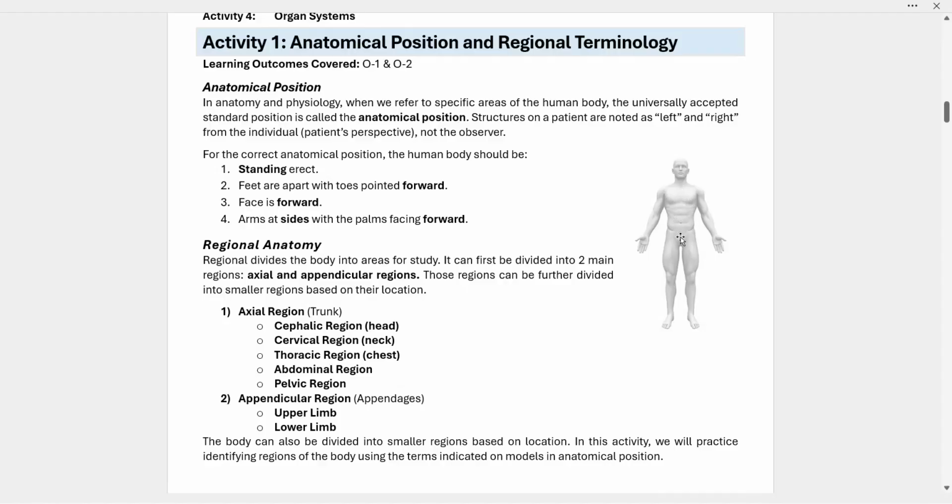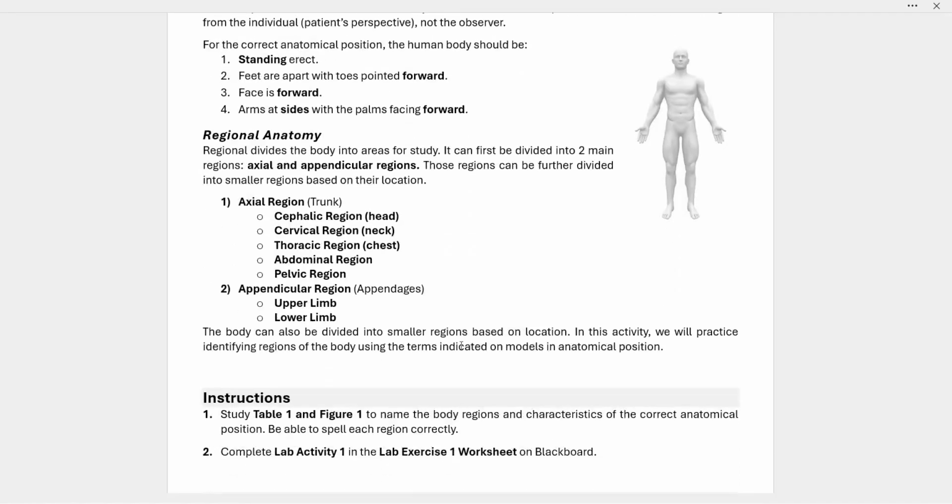The appendicular region is the arms and the legs. Okay, so the appendages. The body can also be divided into smaller regions based on location. So in this activity, we're going to practice identifying regions of the body using the terms indicated on the models in the anatomical position.